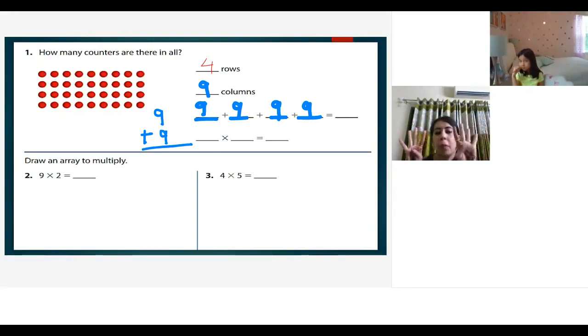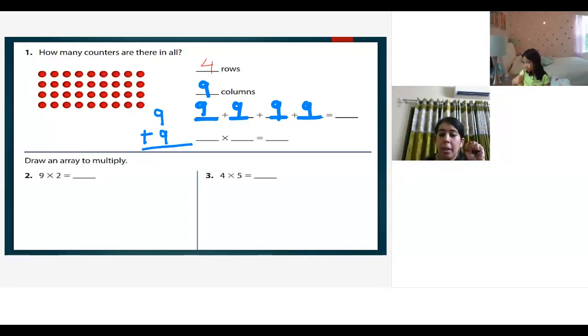So what do I do? See. 1, 2, 3, 4, 5, 6, 7, 8, 9. Got it? Now what do I do? I have to add 9 more to it. So I take 9 fingers again and start 10, 11, 12, 13, 14, 15, 16, 17, 18. Got it?